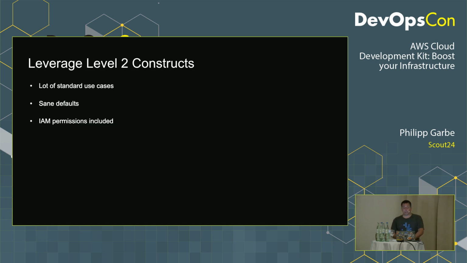So, and how can you boost that? What we have not seen, but what we have with these level 2 constructs, which you get out of the box already with CDK, is that you have a lot of standard use cases already done, like these load balanced Fargate service, or the example that I showed before, the log retention for CloudWatch logs for Lambdas.